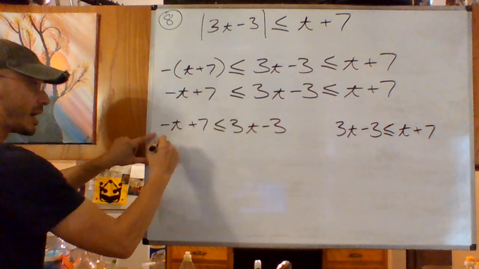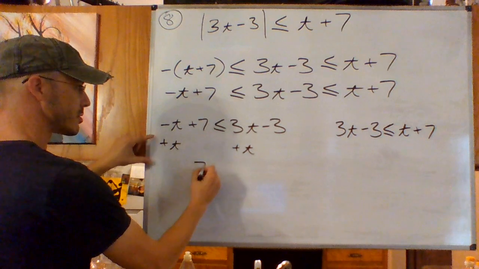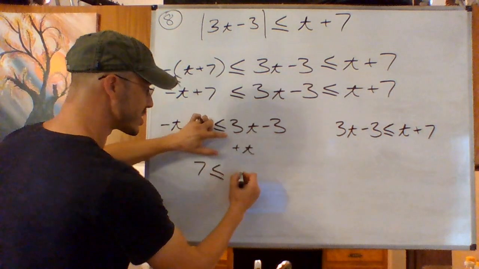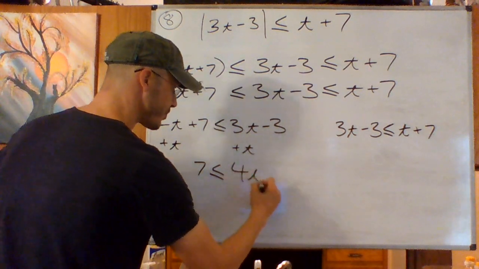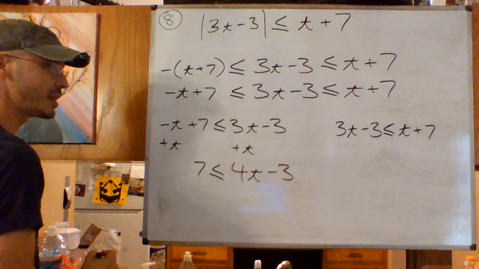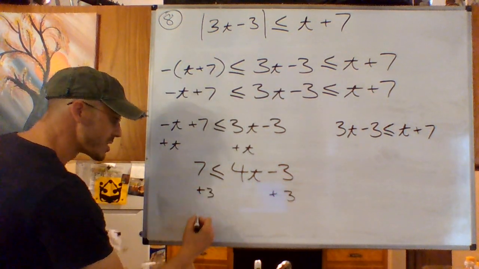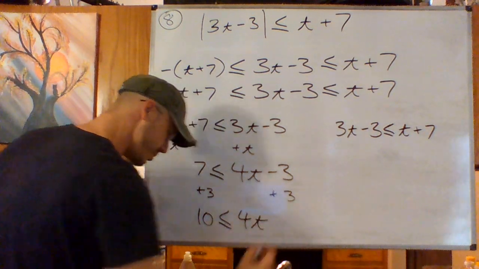So with this one, I can add t to both sides to get, those cancel and leave 7 less than or equal to 3t plus t is 4t, minus 3. Then we'll come back to this other one, but add 3 to both sides. I get 10 is less than or equal to 4t.